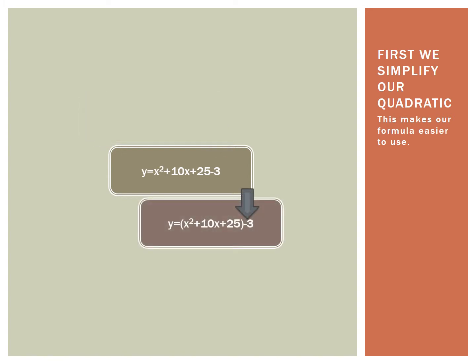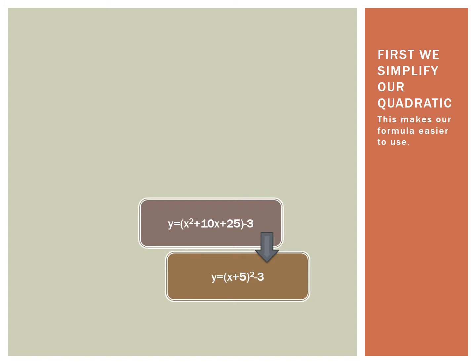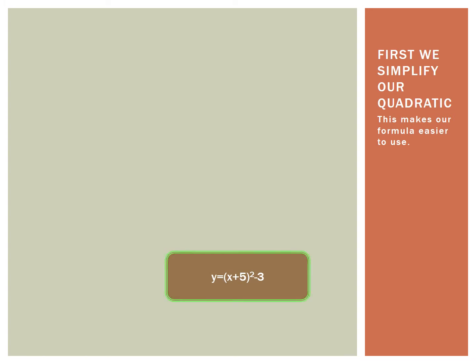Next we're going to move the 3 from the other side over, and condense our formula so that we have our perfect square trinomial. So we have y equals (x plus 5) squared minus 3. And that's our answer. So that's a simplified quadratic that we can use in our equation.